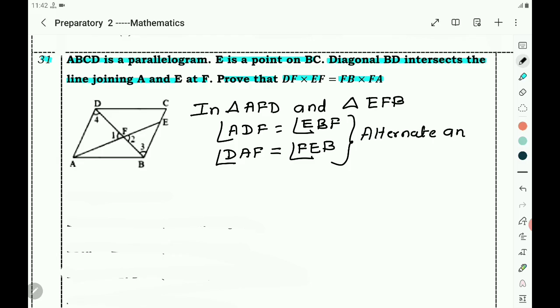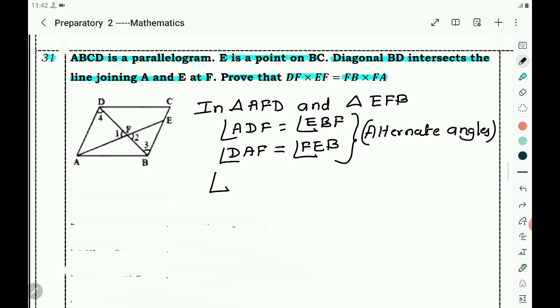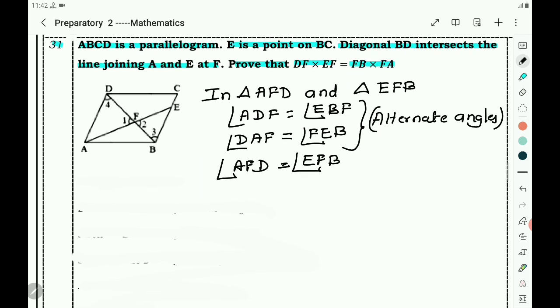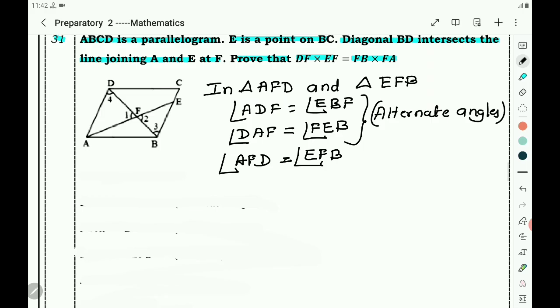Then you write angle AFD is equal to angle EFB. You got three pairs of corresponding angles equal. Therefore, you can write they are similar triangles. Therefore, triangle AFD is similar to triangle EFB.